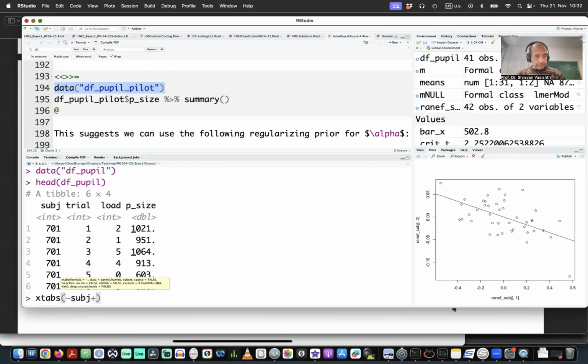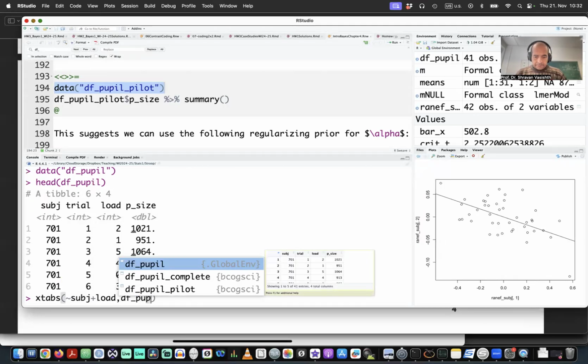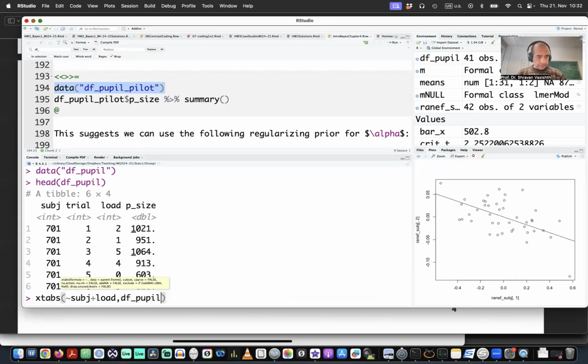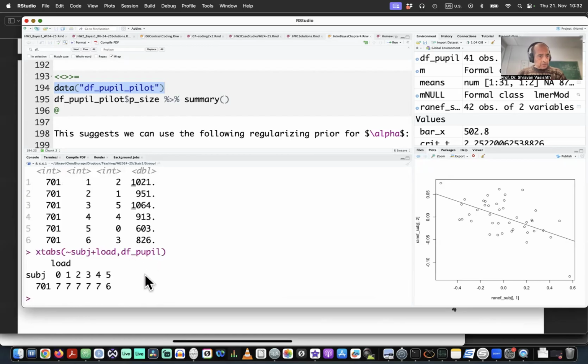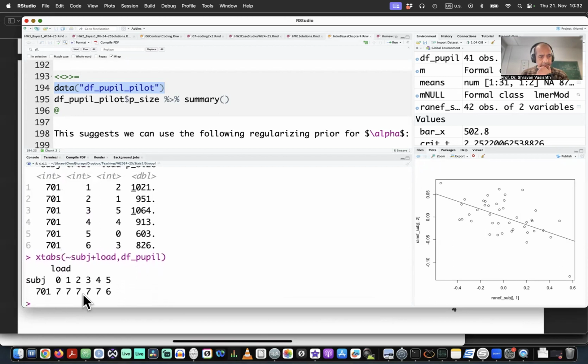I could check that like this, right? What I see here is that these data are actually from a single subject, and this single subject is delivering repeated measurements for each of the load levels.